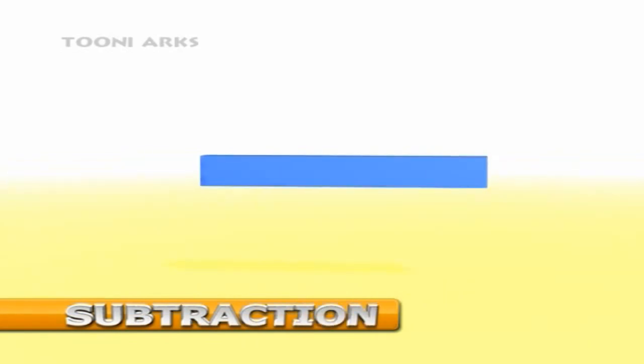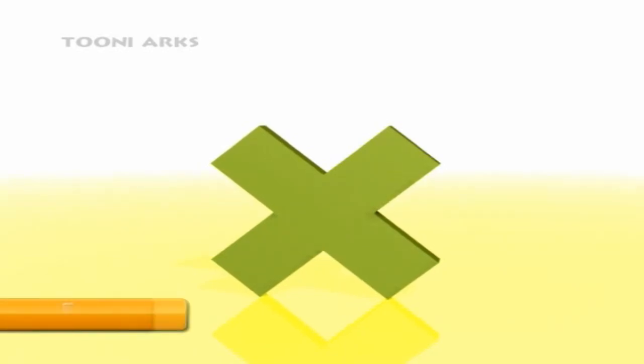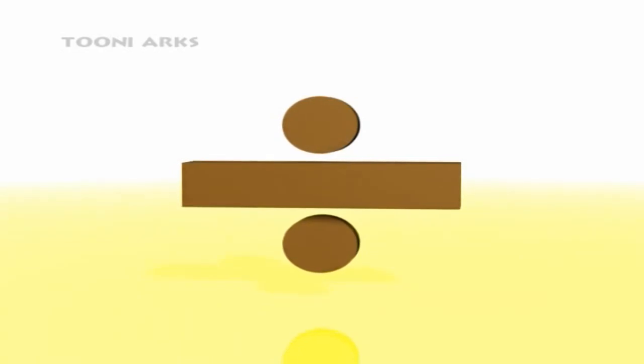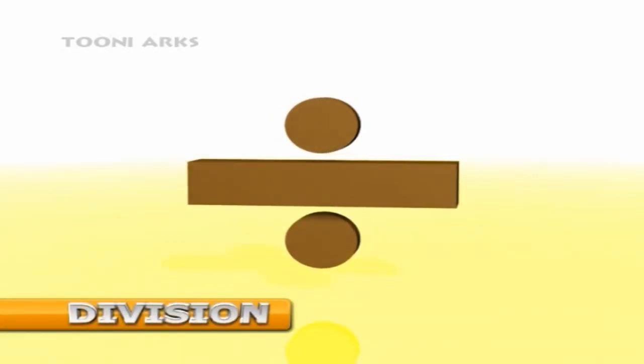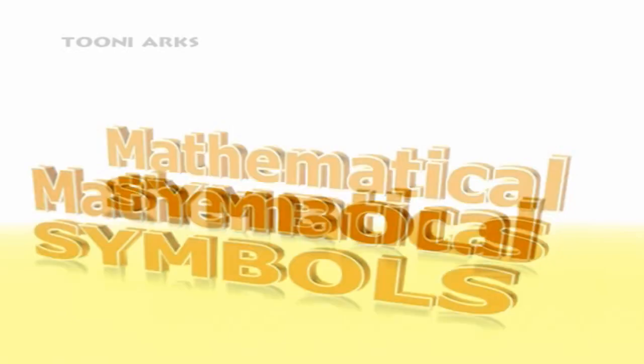We remove when we see this symbol. This is called the multiplication symbol. We multiply when we see this symbol. This is for division. We divide the numbers when we see this symbol. That was all for mathematics.